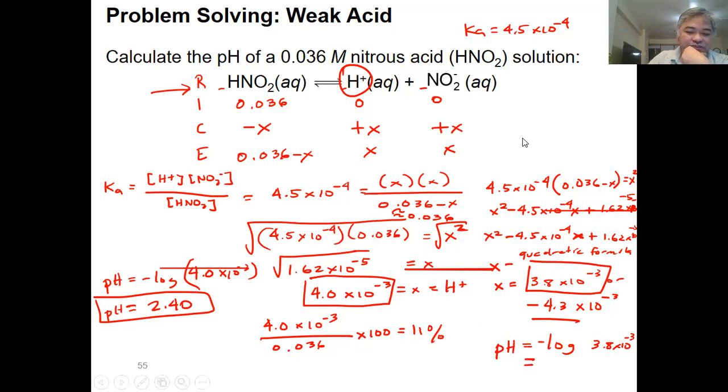What do you get if you use that value to get the pH? Anyone? 2.42. So see how far it is from 2.40. Medyo malapit pa rin sila.